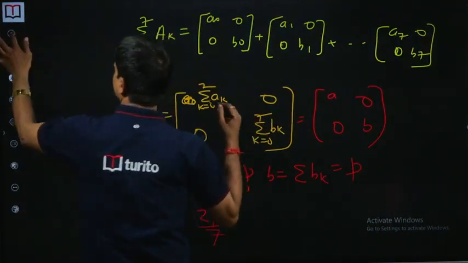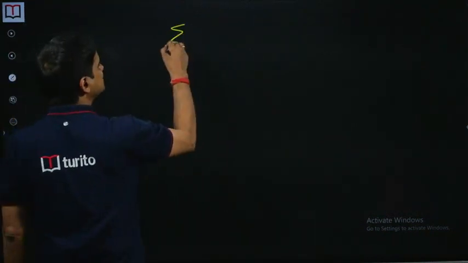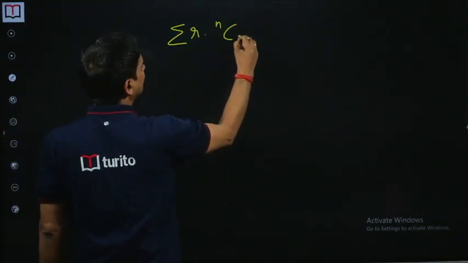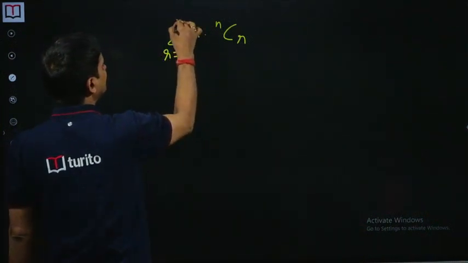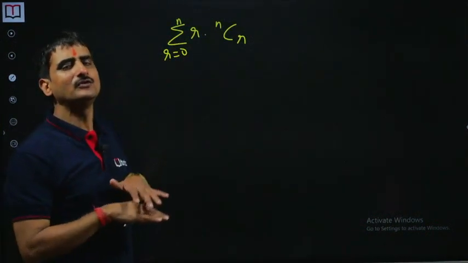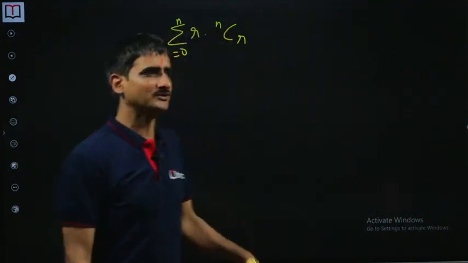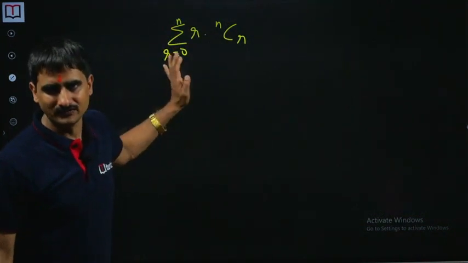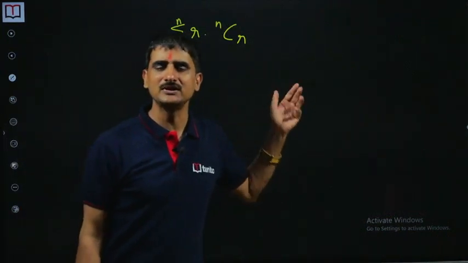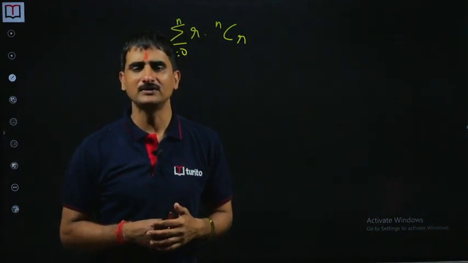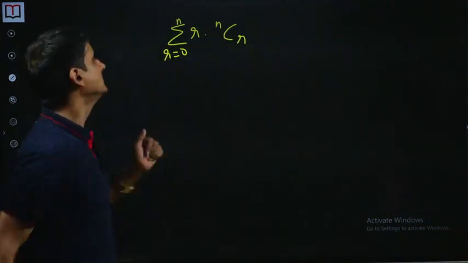So again, you need to remember this result here, children: R into NCR, when R goes from 0 to N, or of course 1 to N, won't make any difference because R equal to 0 gives 0. So either R starts from 1 and goes to N, or starts from 0 and goes to N, it won't make any difference. Now what's the result?